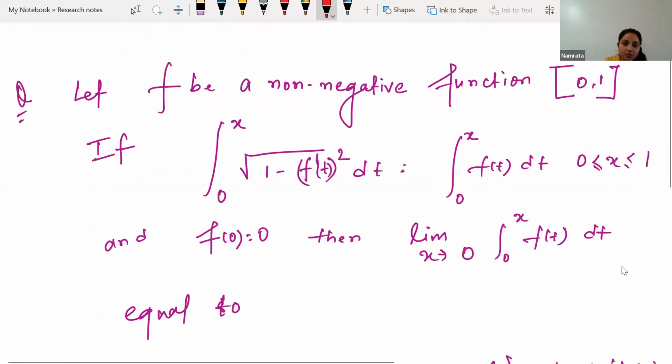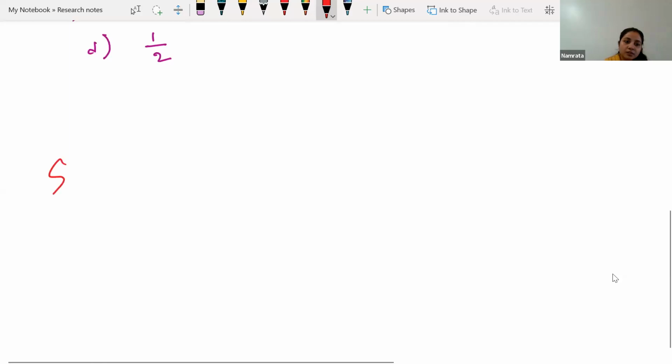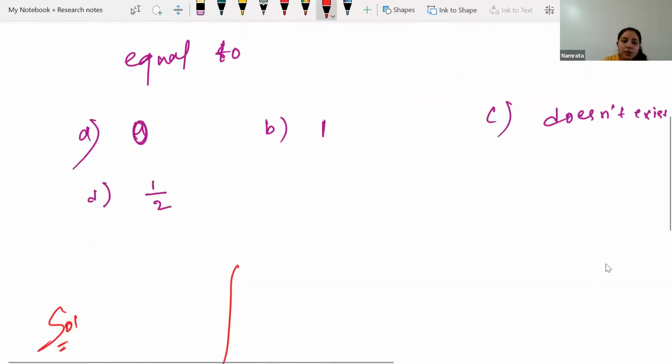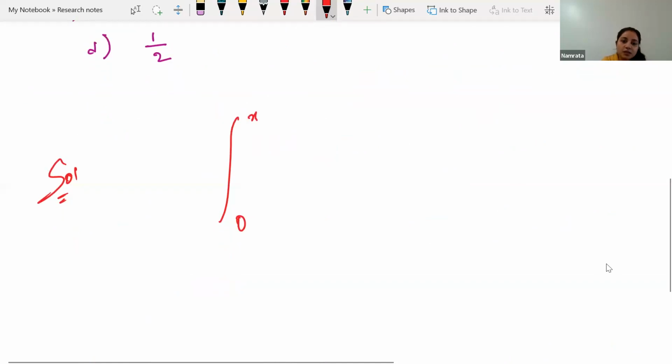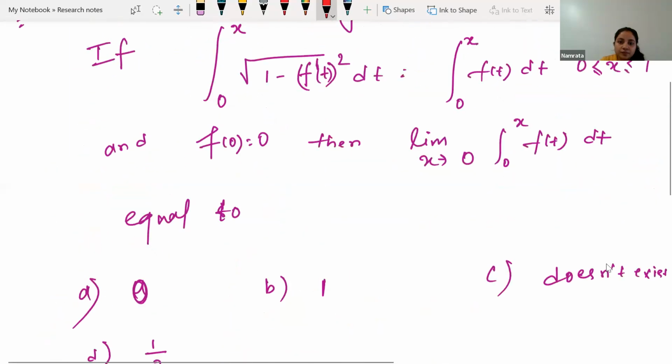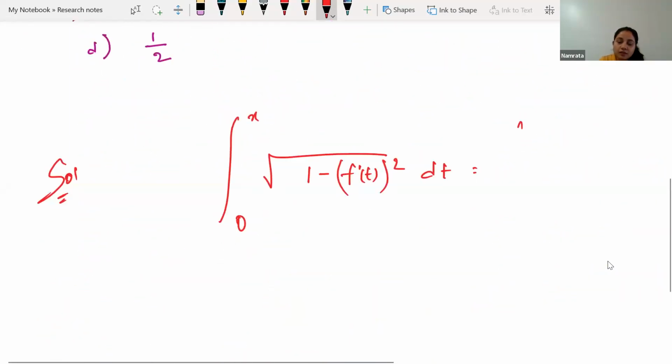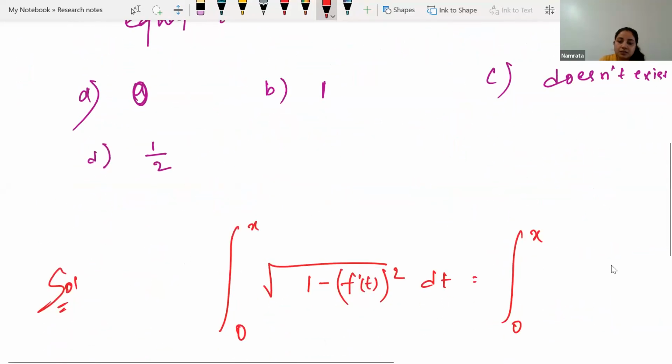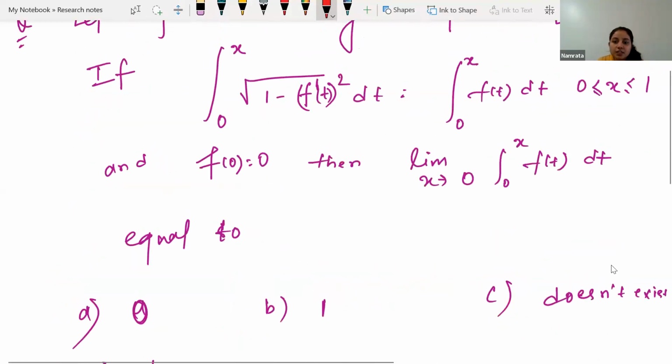So let me write the question over here: the integration from 0 to x of square root of 1 minus (f dash t) squared dt is equal to the integration from 0 to x of f t dt. Here we have to find the limit as x tends to 0 of this integral from 0 to x of f t dt.